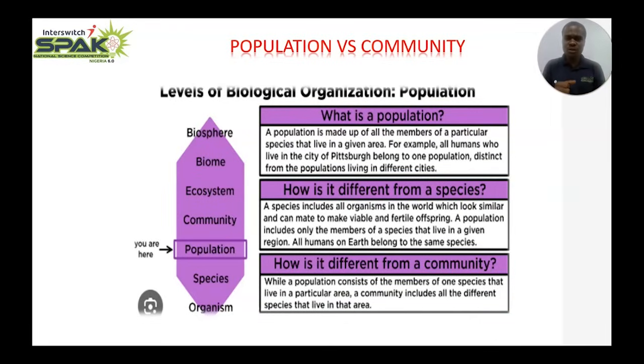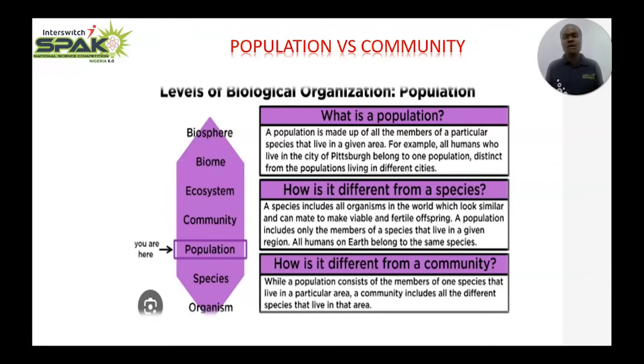All humans on Earth belong to the same species, but not all humans on Earth belong to the same population. Then how is a population or species different from a community if you are comparing?